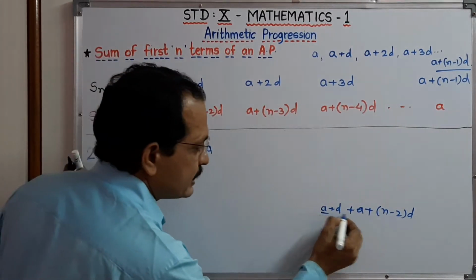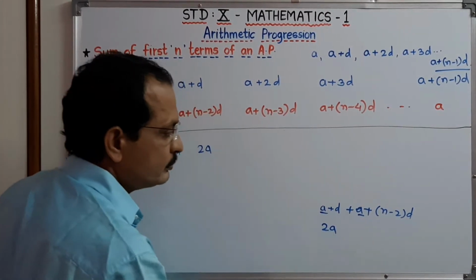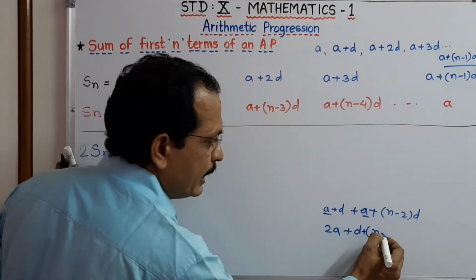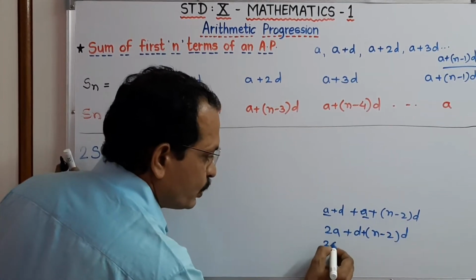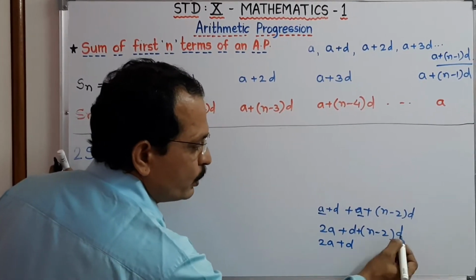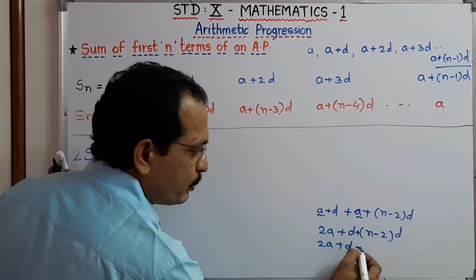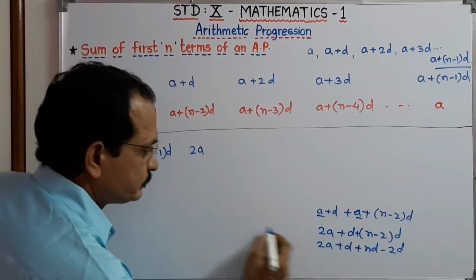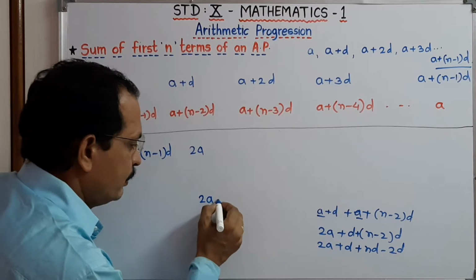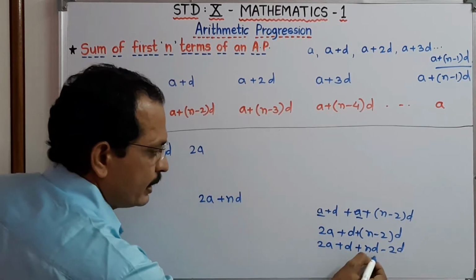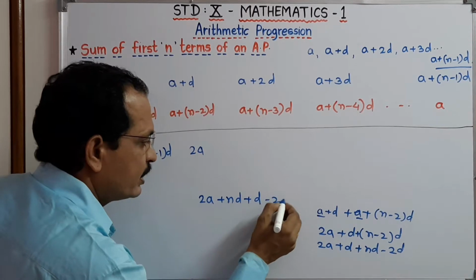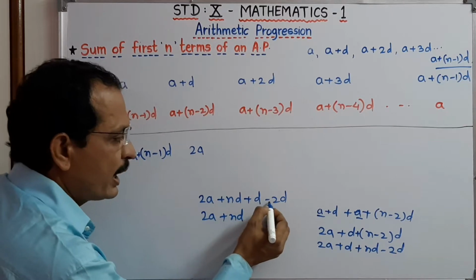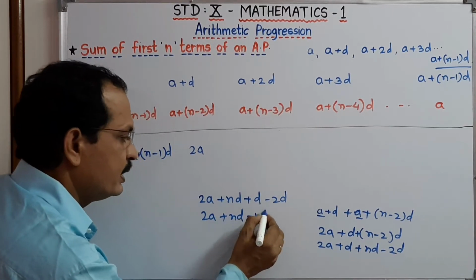This a and this a make 2a, plus d into n minus 2. Multiplying d with the bracket, we get nd minus 2d. So we write 2a plus nd, plus d minus 2d. Then 2a plus nd, and d minus 2d is minus 1d.